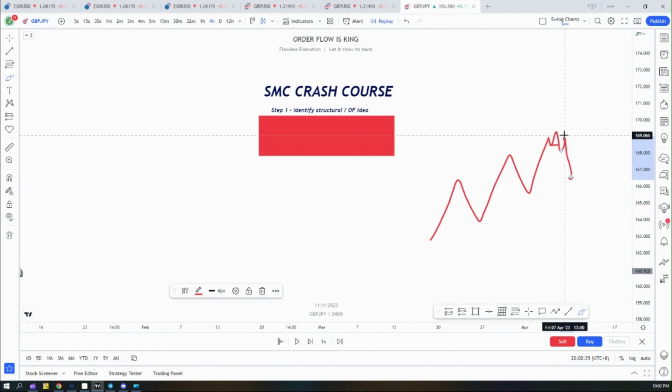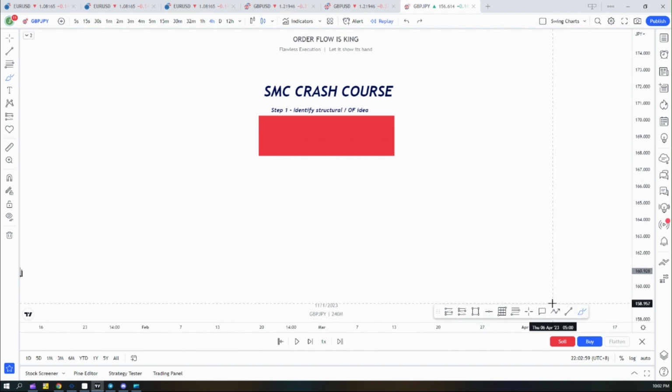So then if this does follow through and take this out, you're in the trade up here, which is perfect. But obviously, if this doesn't follow through, you've taken the hedge to give us a new break of structure here, and you're in from obviously that higher low. So that is identifying the structural/order flow idea.